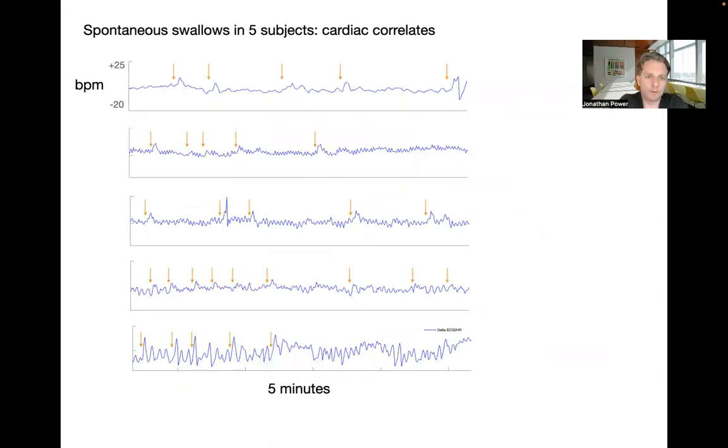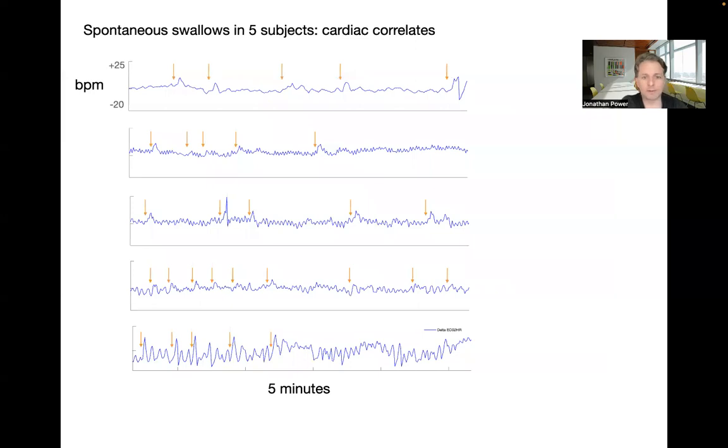Now, if you just have somebody lying on a cot for a long time, that's more naturalistic in the sense of that's what happens in a resting state MRI scan. And if you have EMG or a camera or a person sitting there watching, you can mark when swallows happen. And so these are 5 minutes from 5 different people.